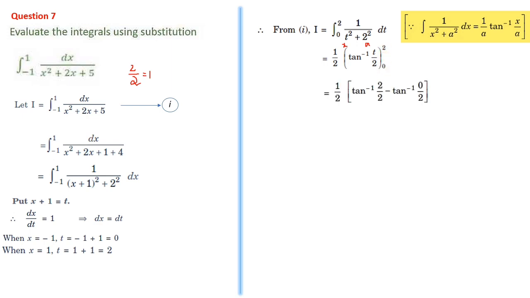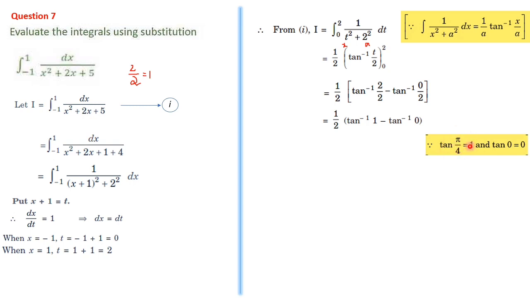Next substitute the limits. 1 by 2 is common, so just take it outside and keep. Tan inverse, first put the upper limit, that is 2 by 2, minus tan inverse 0 by 2. That is 1 by 2 into tan inverse 2 by 2, when we cancel we will get 1, minus tan inverse 0 by 2 is 0. Here tan pi by 4 is 1, we know that. So tan inverse 1 is pi by 4.